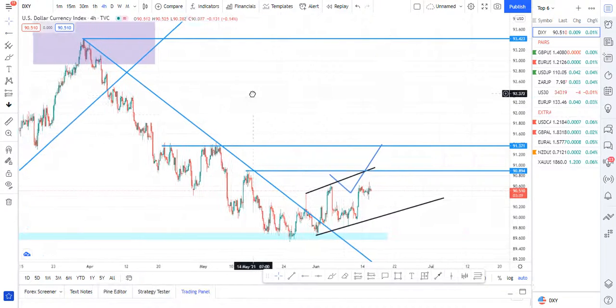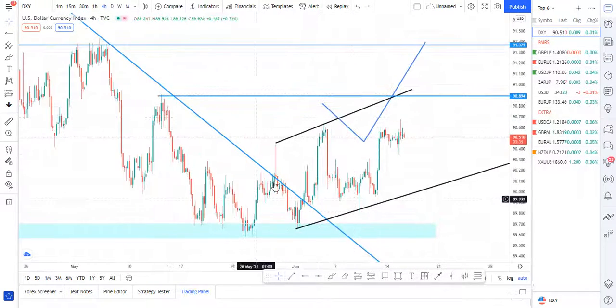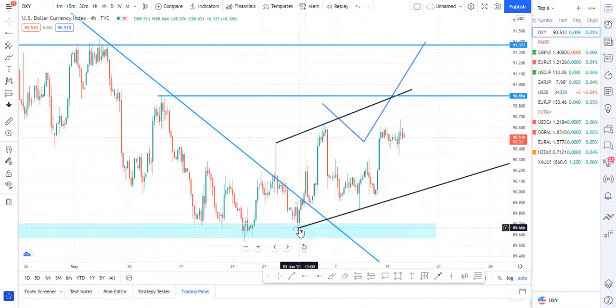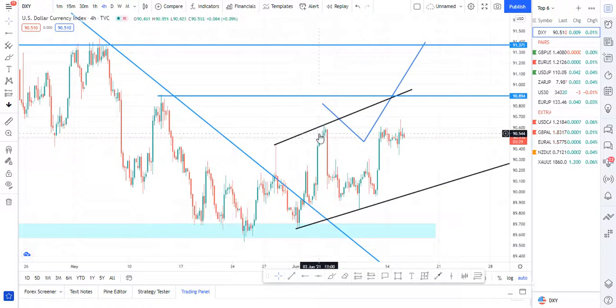So with that in mind, right, it has touched here. It's touched its first touch on the resistance, second touch on the support is the first touch, it's the second touch.